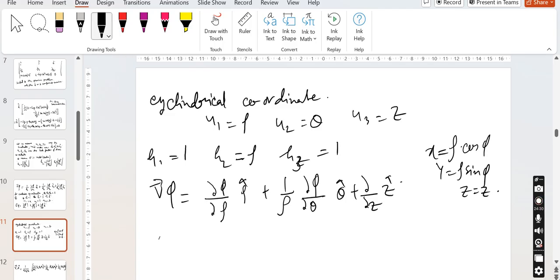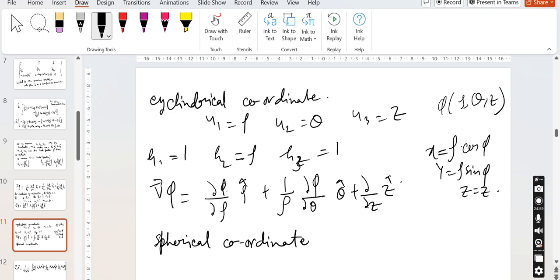For spherical coordinates, now when you are given a scalar field and you are told to give the corresponding vector field in cylindrical coordinates, just put the phi, which will be given in terms of rho, theta and z, into the formula and you will get the vector field.